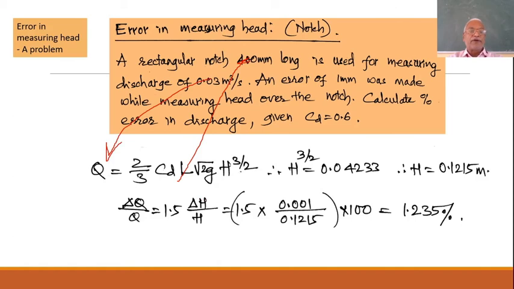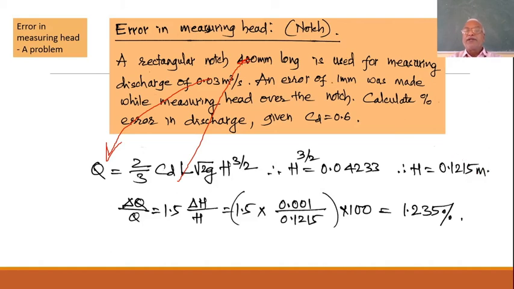If you simplify, you will be getting h raised to 3 by 2 equal to 0.04233. Now with this, by raising on both the sides 2 by 3, h will be equal to 0.1215. In millimeters it will be 121.5.